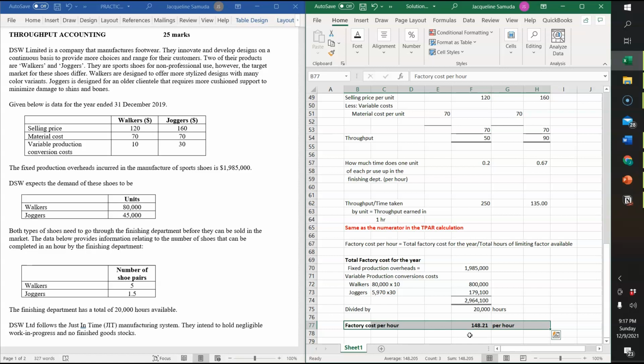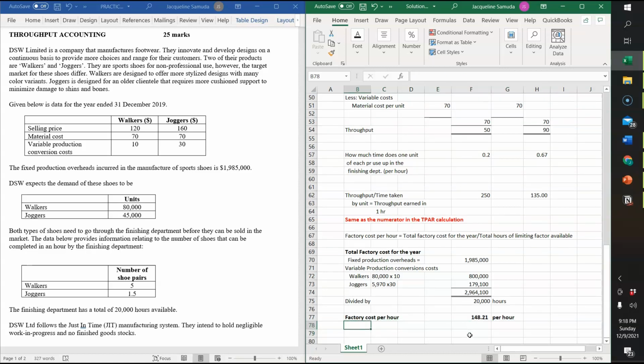Okay, so now that we have this, we can now work out the TPAR, but can I say that this data applies to both products? Any factory cost per hour that you calculate will apply to all the products in your computation.